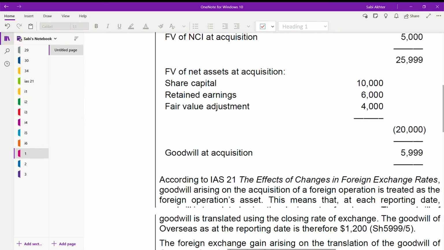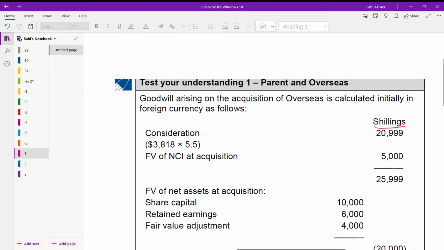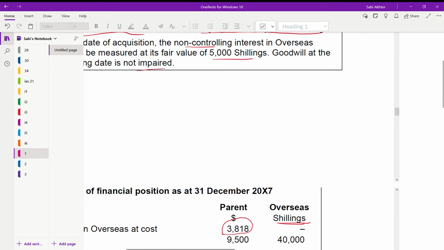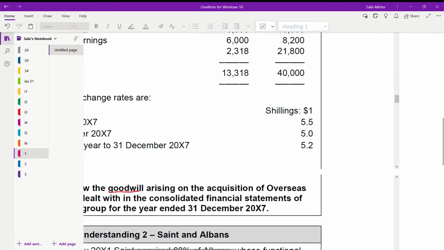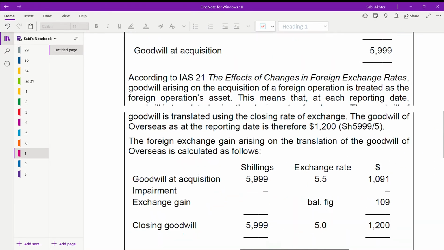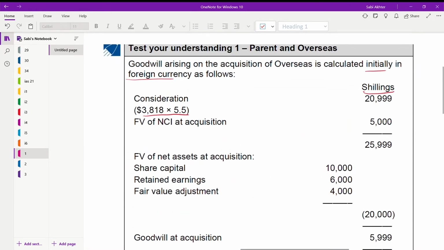Initially it is calculated in the foreign currency, so 3,818 into 5.5, multiply it now. Which rate are you using here? 5.5, the opening rate, because for calculating the opening goodwill we use the opening rate.